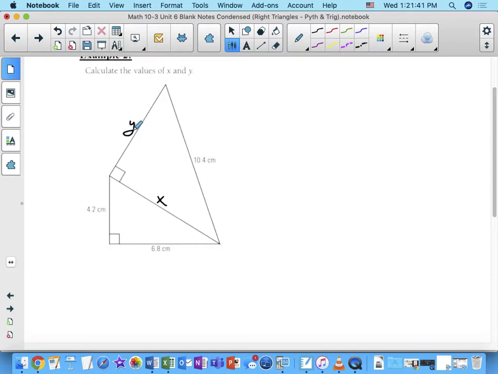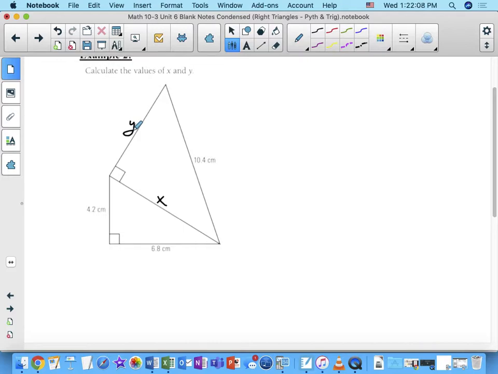Could we find y right now? No, why not? You're right, we can't find it right now. Why not? Exactly. You need at least two sides to find the third side of a right triangle using Pythagoras, right? So we don't have two sides, we only have one, which is the 10.4, okay?